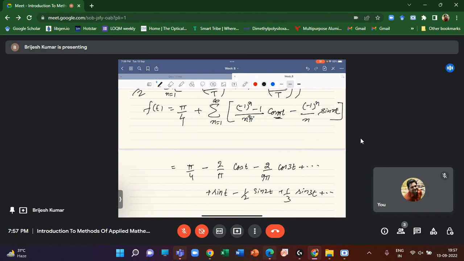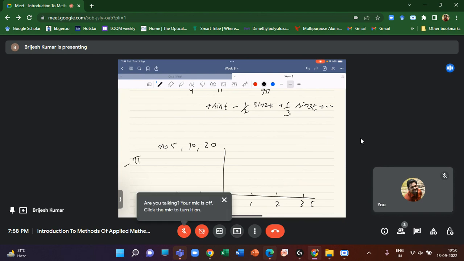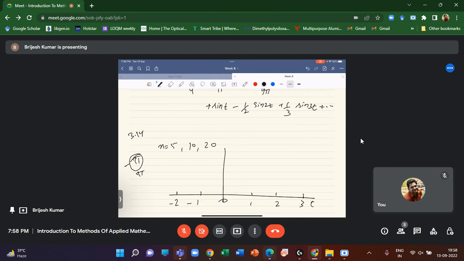Now if you plot this function, like if n equal to 5 or 10 or 20, then you will get something like 1, 2, 3. This will be 0, this will be minus 1, this will be minus 2. Our function was from minus pi to pi, right? So pi is 3.14. So it is coming somewhere here and till here.